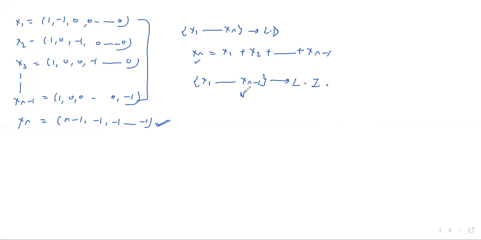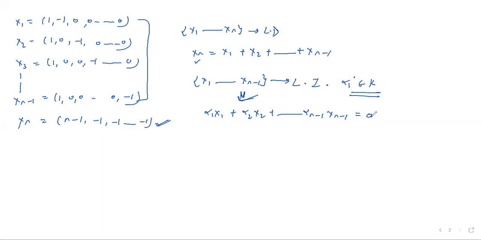How can I also show this? I have to show whether this is linearly independent or not. So let's say in their linear combination we consider alpha i's belonging to the set of scalars. We can write the linear combination as alpha 1 x1 plus alpha 2 x2 to alpha n minus 1 xn minus 1 equals 0.